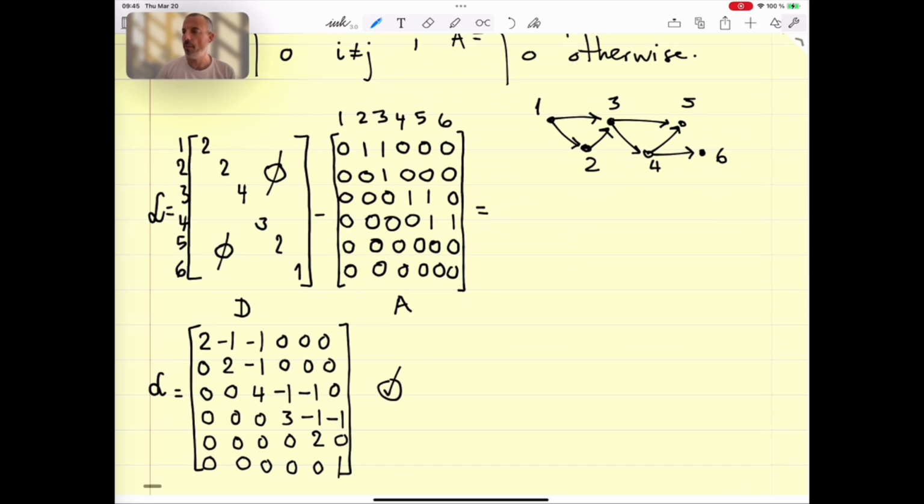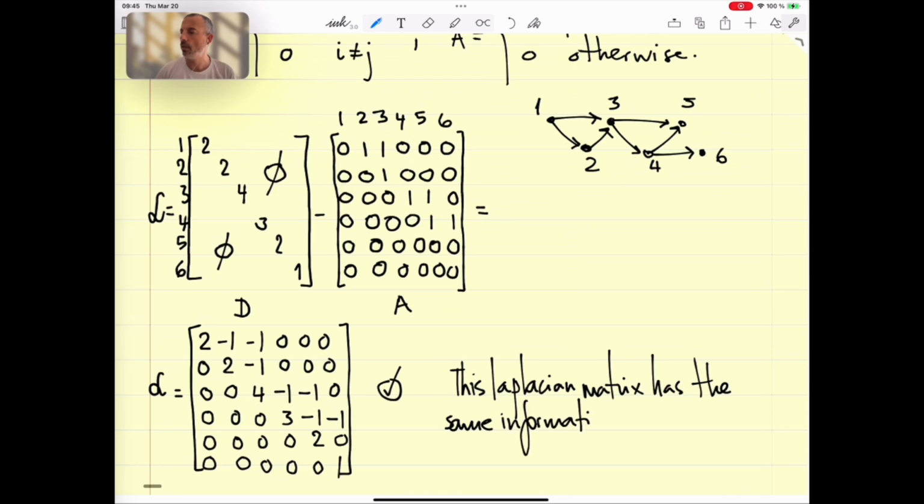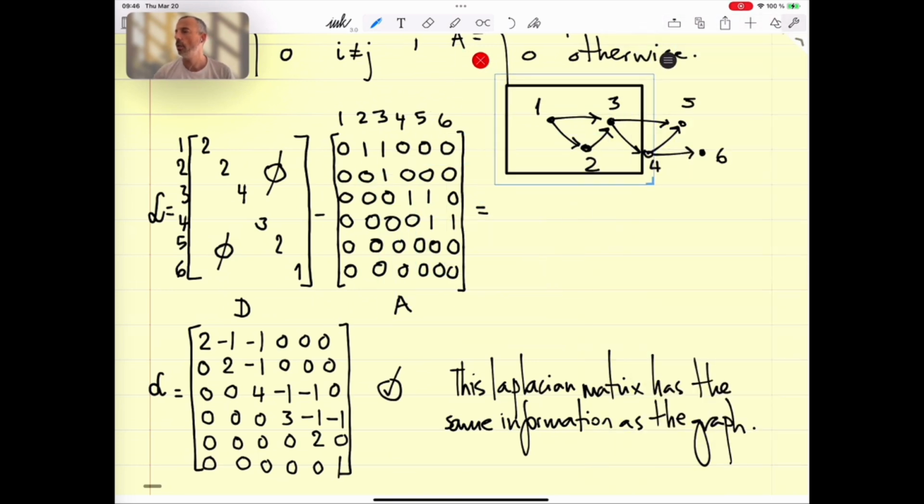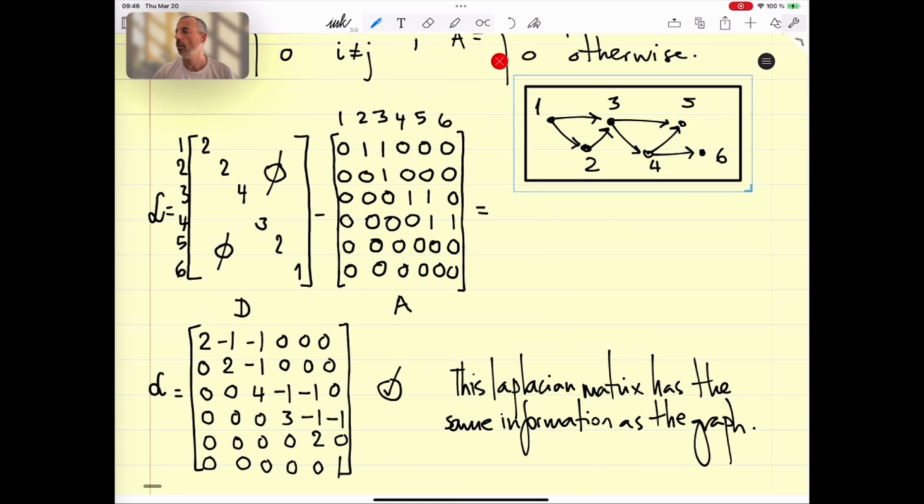So the fun fact is that this Laplacian matrix has the same information as the graph. The same, but is Euclidean. So we can do stuff with it. The graph, the picture, is this.